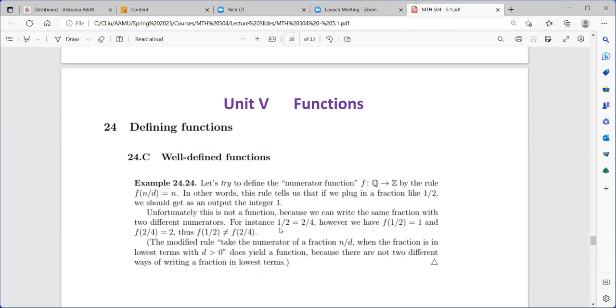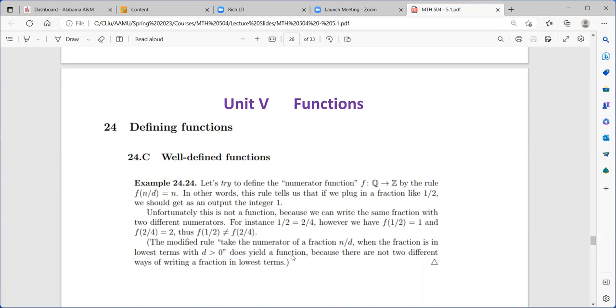Okay. But you can modify the rule to make the function. If you change the rule to take the numerator of a fraction n/d when the fraction is in lowest terms with d greater than 0, then that will define a function because there are not two different ways of writing a fraction in those terms.